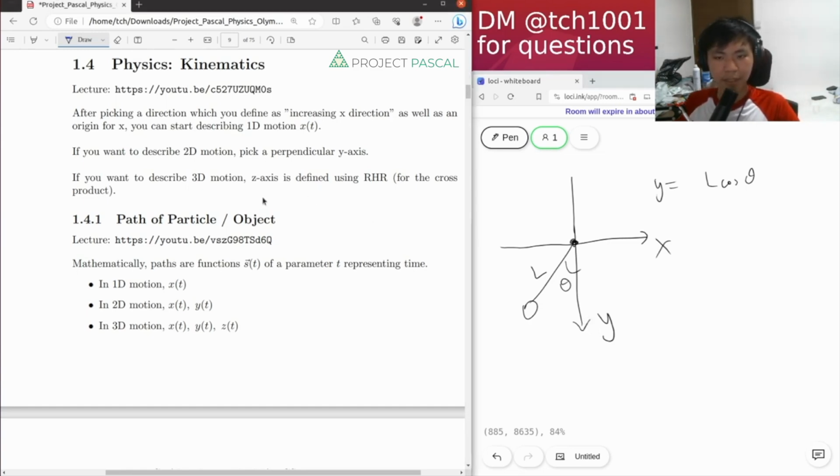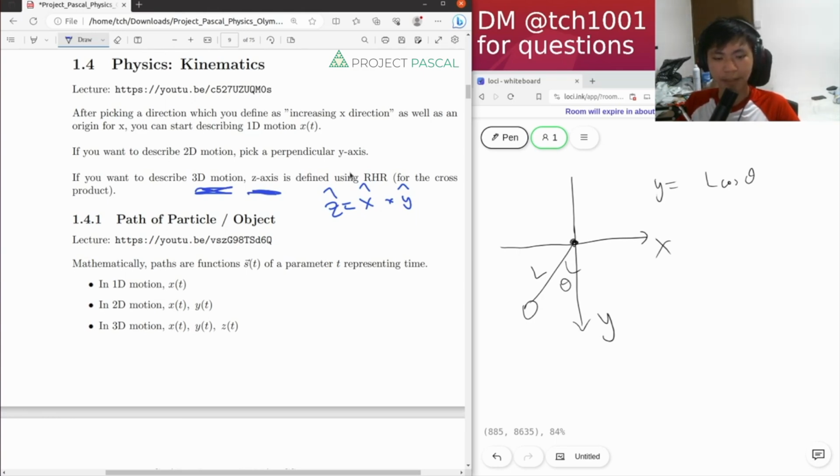Now, it's important to mention for 3-dimensional motion, the moment you pick directions for the basis vectors x and y, you need to automatically set the basis vector for z according to the right hand rule, because z is going to be equal to x cross y. More on that in vectors later, but just note that you can pick any direction you want for x.